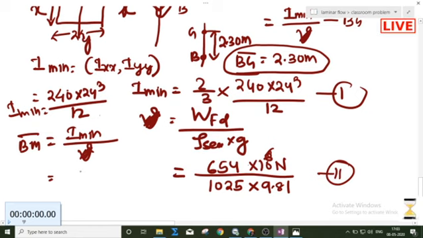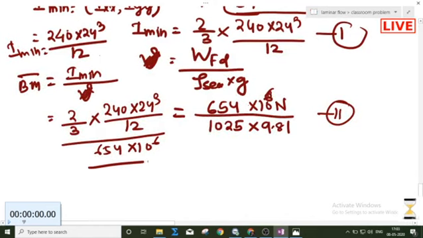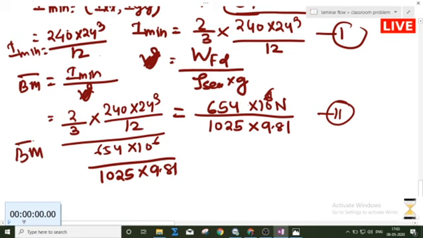So I minimum is 2/3 into 240 into 24 cubed by 12, divided by 654 into 10 to the power 6 divided by 1025 into 9.81. Can you solve this? If you can solve it, you can find out BM. So this BM is coming out to be how much?